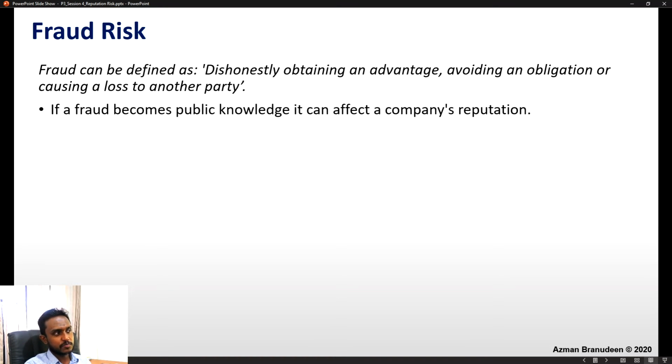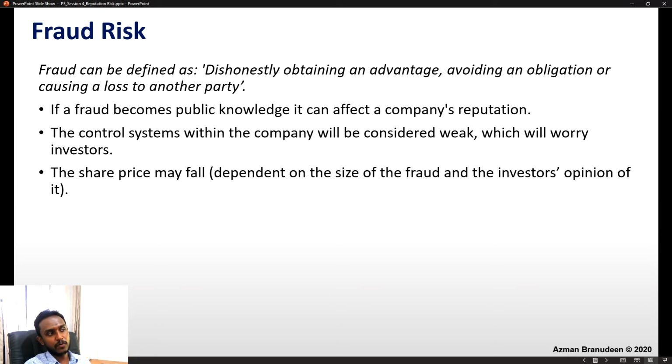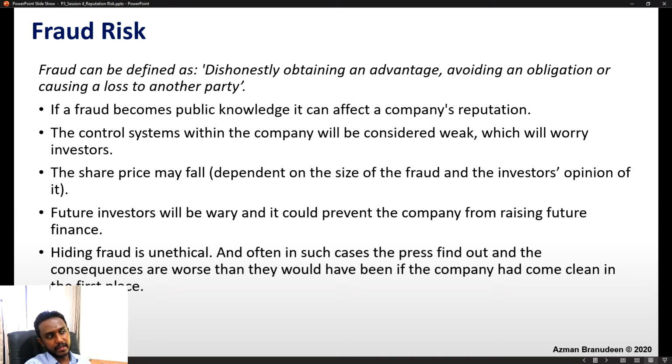If a fraud becomes public knowledge, it can affect a company's reputation. And the control systems within the company will be considered weak, which on top of all things can worry investors, and the share price can fall dependent on the size of the fraud and the investor's opinion of it. Future investors will be wary, and it could prevent the company from raising future finance, and even credit ratings can go down.